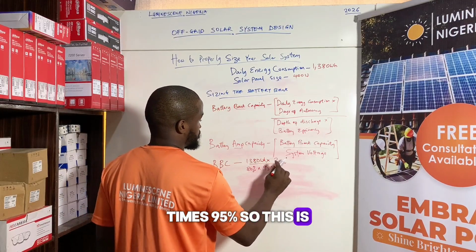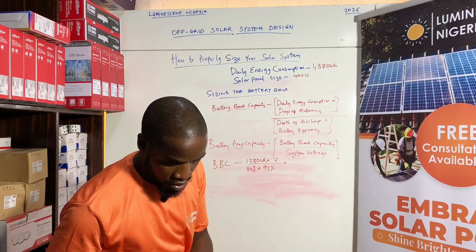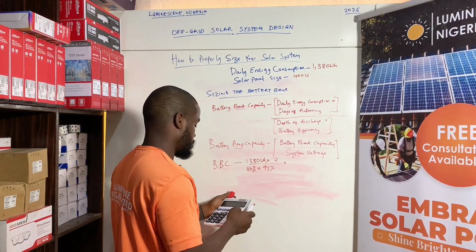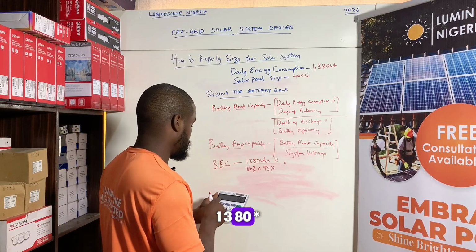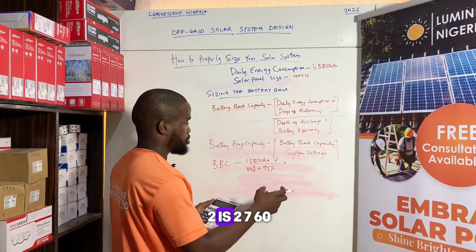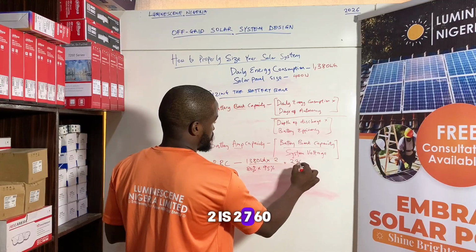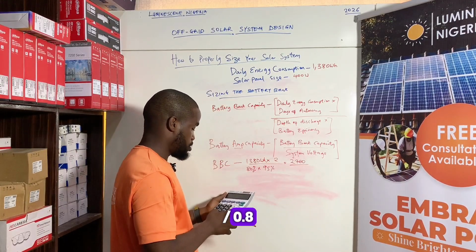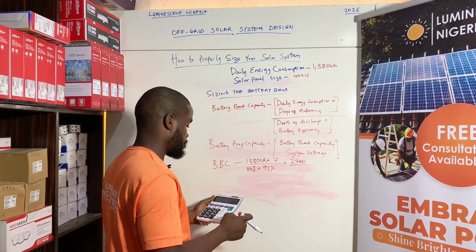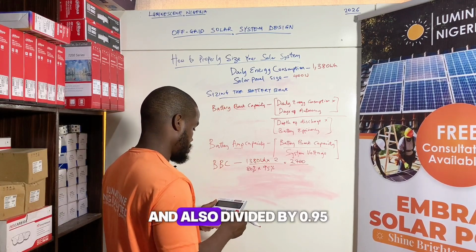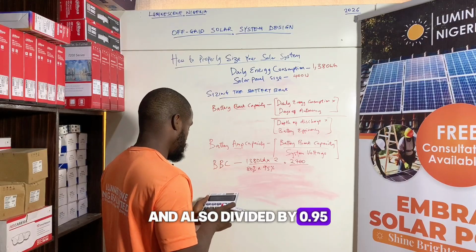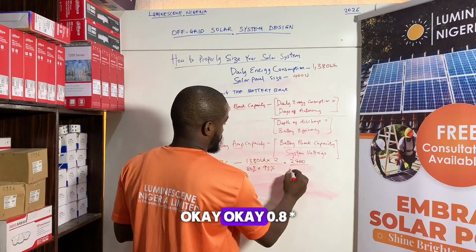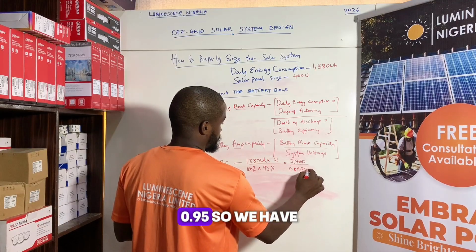So 1380 times 2 is 2760, divided by 0.8 and also divided by 0.95. Okay, 0.8 times 0.95.